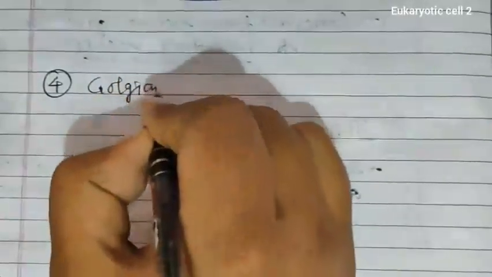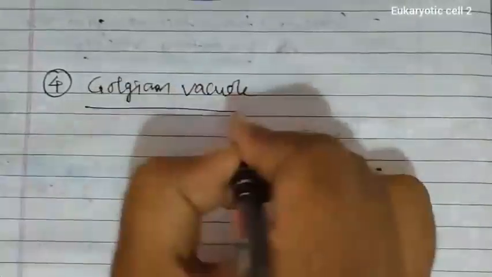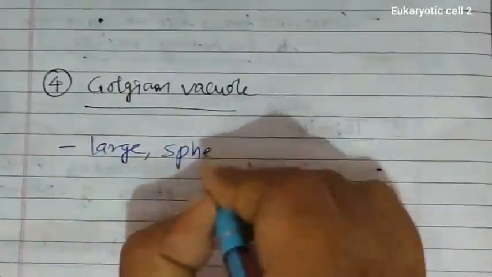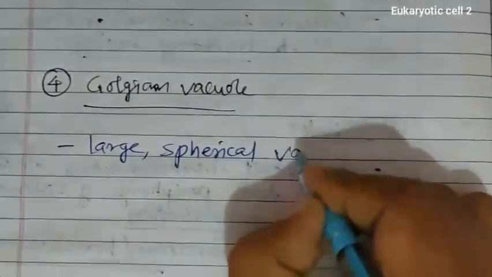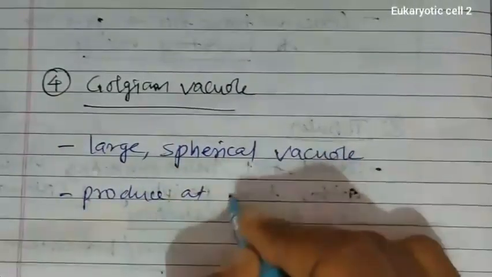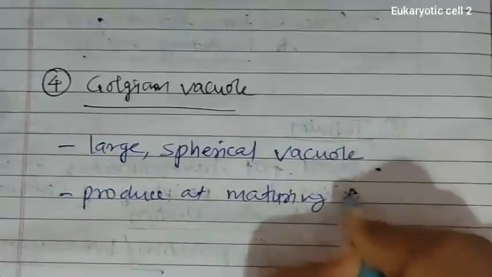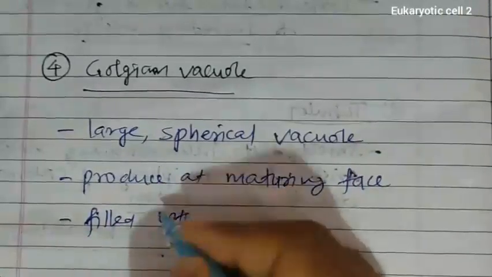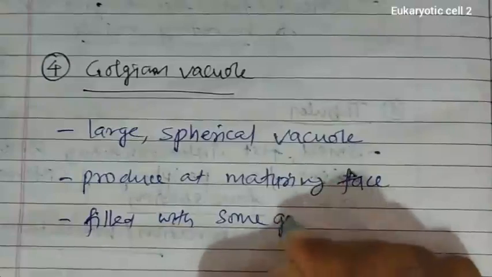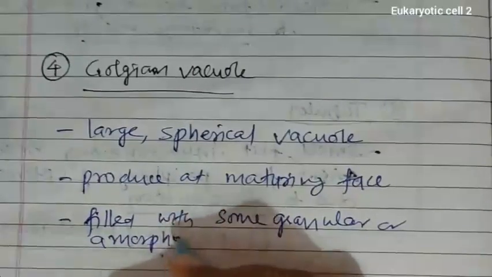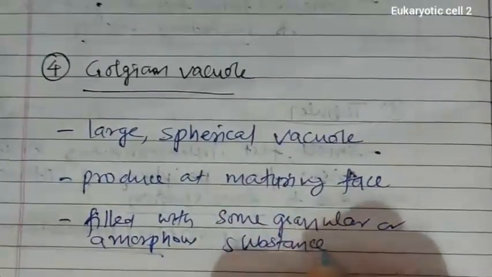And the last one, the fourth one, is Golgian vacuole. When we talk about Golgian vacuole, these are large spherical vacuoles produced from the maturing phase, filled with some granular or amorphous substance.